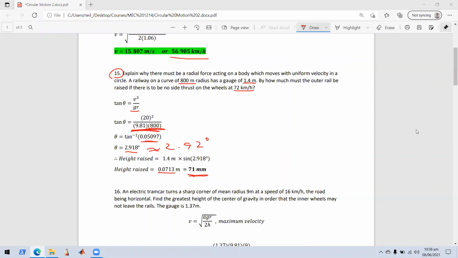Okay, any questions on number 15? No, sir. Wait, so what would the height be equal to? Sorry, I didn't hear what you were saying. What would the height be in terms of the sine, equal to the opposite over the hypotenuse? The height is how much the outer rail is raised, right?